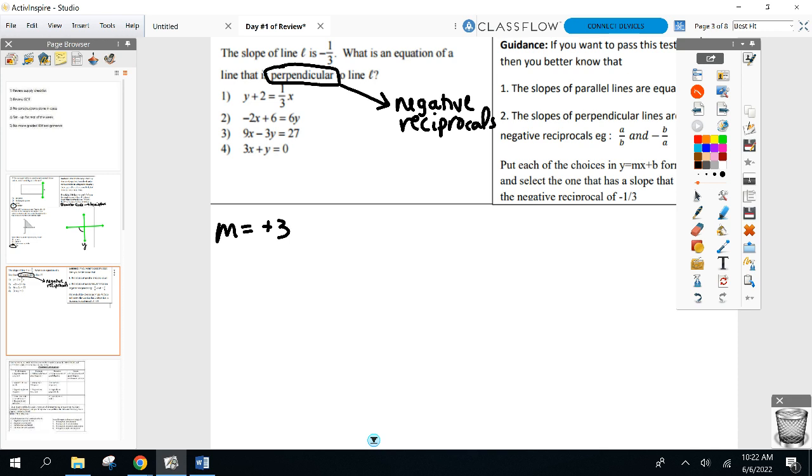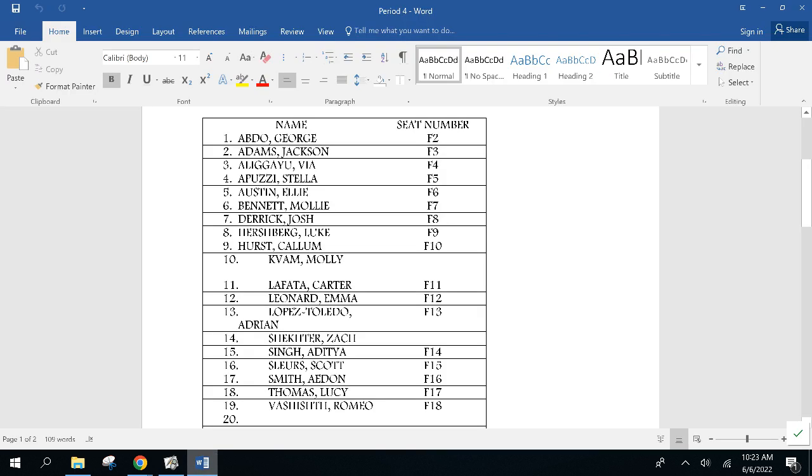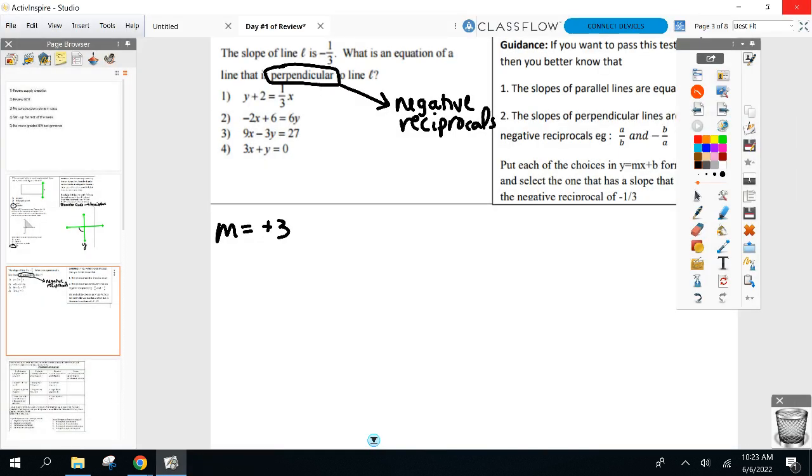And remember, the slope is the one next to the x. You're looking for the one that's positive 3.